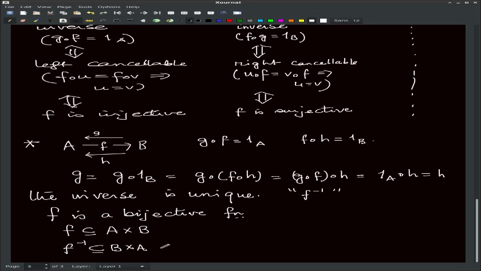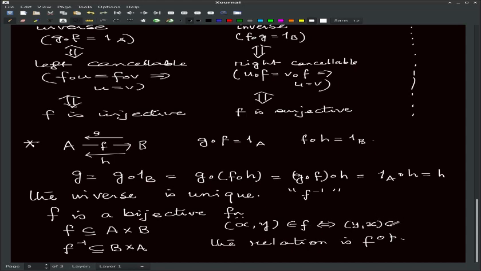And the relation is F op. How do you define F inverse? (x,y) belongs to F if and only if (y,x) belongs to F inverse.